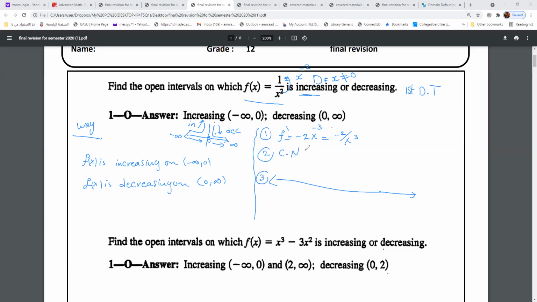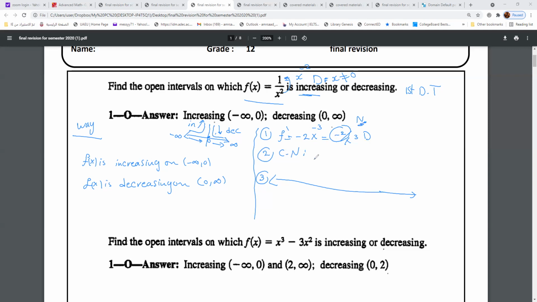And as you know, the critical numbers must be values of x at which the function is defined first, and the first derivative equals 0 or does not exist. So in this case, to find the critical numbers, I don't have any values of x at which the numerator equals 0, that is the numerator and that is the denominator. The first derivative equals 0 if the numerator equals 0, but here the numerator is negative 2.